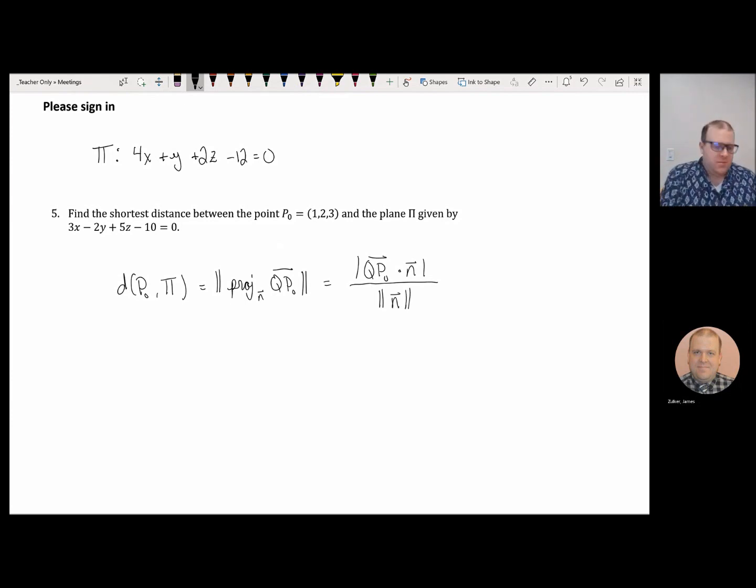That formula is just the absolute value of the directed line segment QP naught dotted with N, over the magnitude of N.